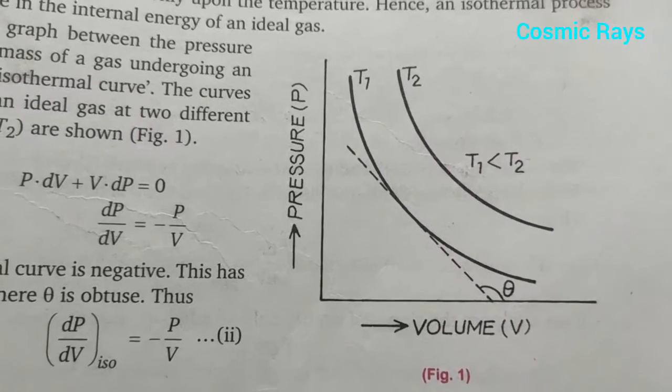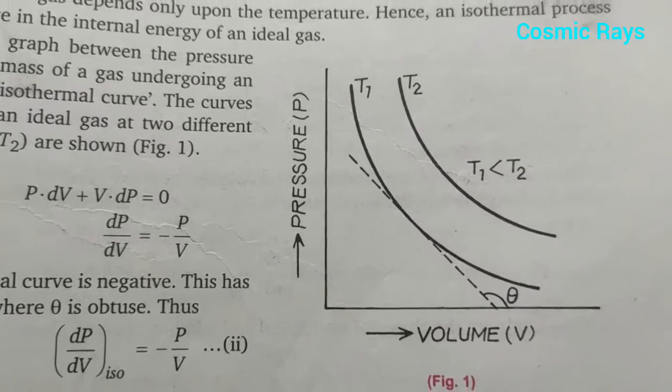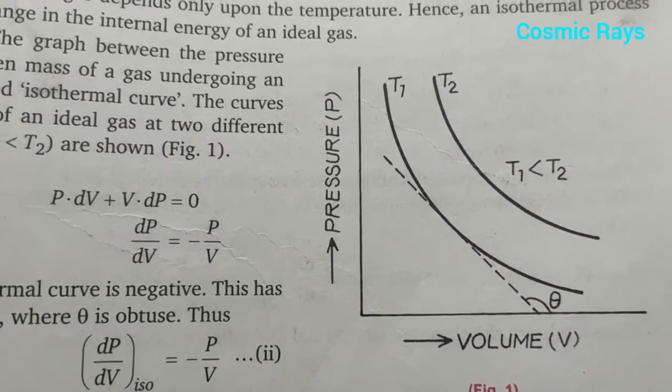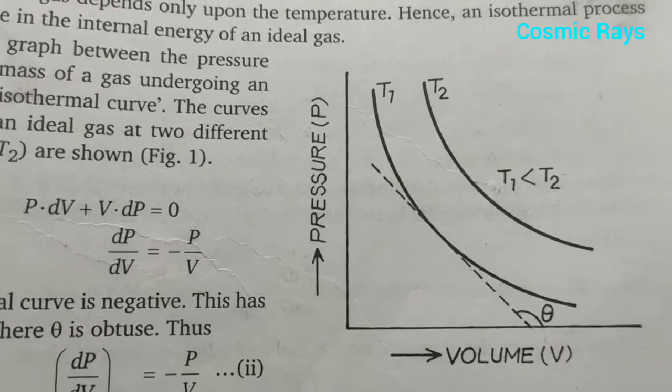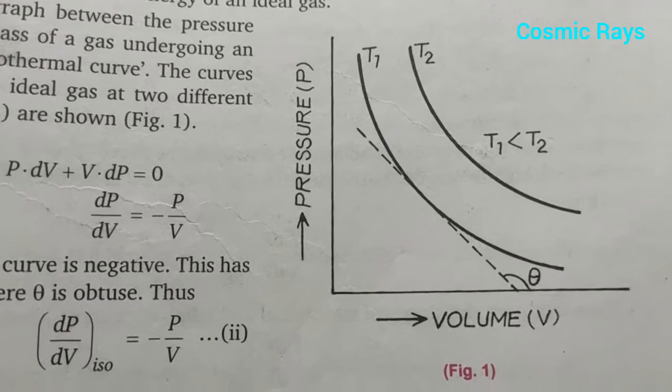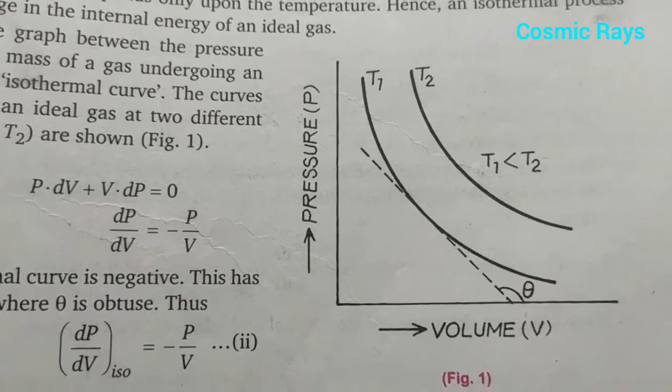The second temperature is greater than the first temperature. As we had discussed earlier, for an isothermal process, the gas or the system obeys Boyle's law, that is PV equal to constant.